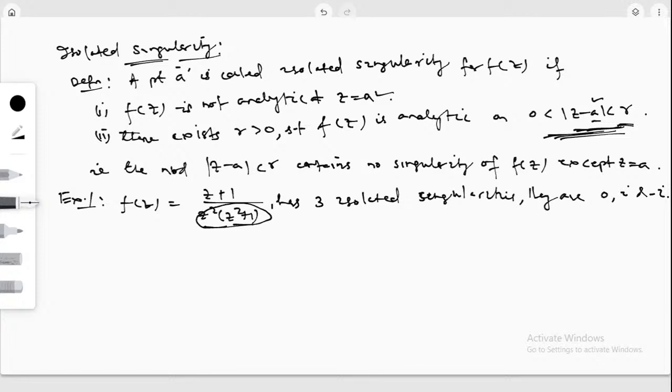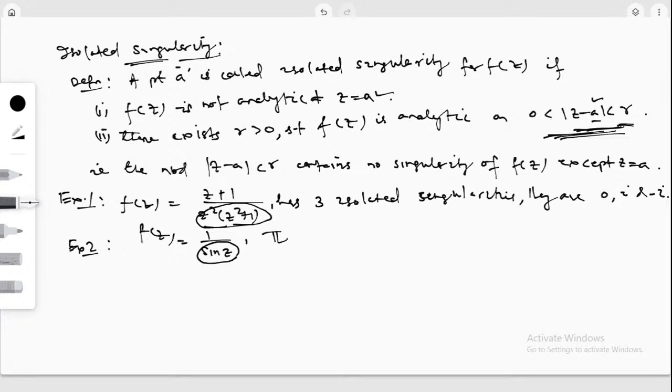Similarly, if I give another example, like example 2, suppose my f of z is 1 by sin z, and for which value of z will sin z be 0? If sin z equals 0, then the function is not defined, so it will not be analytic there. So for which values of z is sin z 0?